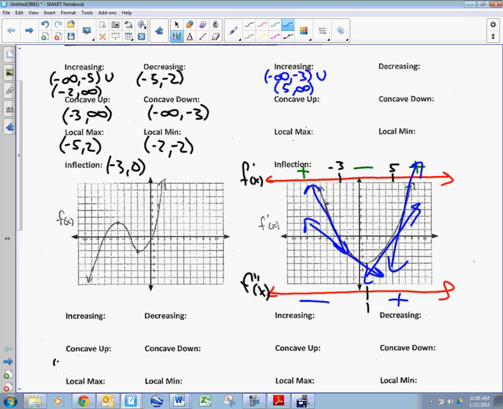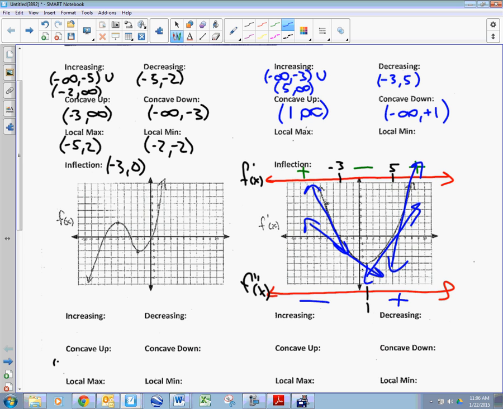It is decreasing from concavity. First derivative or second derivative? Second derivative. Concave down where it's negative. So from -infinity to +1, and then concave up from 1 to infinity.